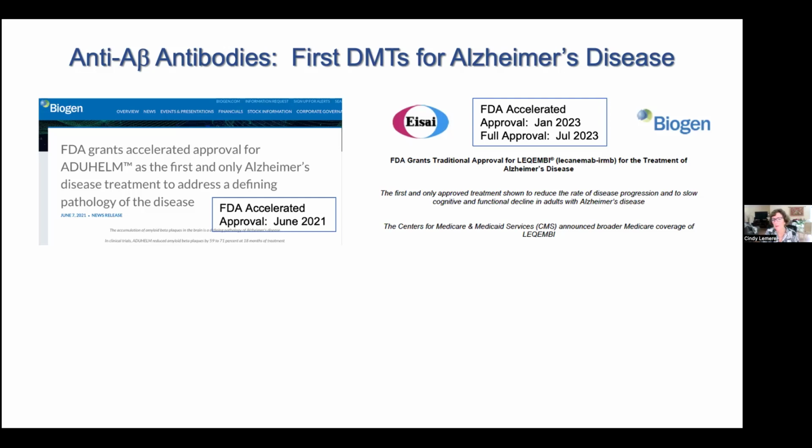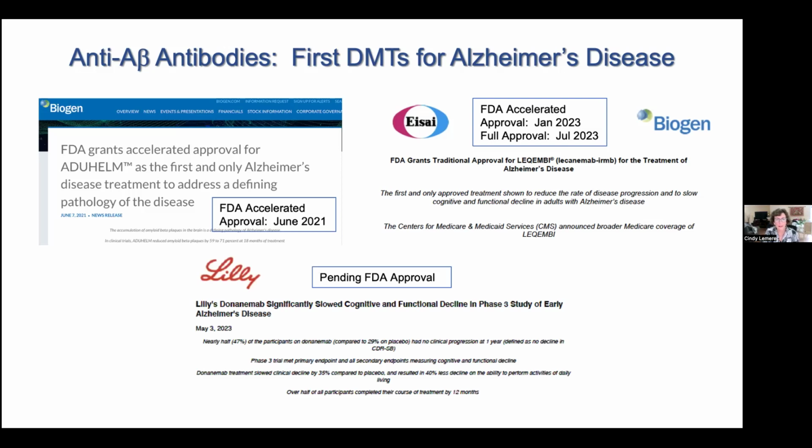And this antibody recognizes protofibrillar forms of beta amyloid. And it requires dosing every other week, whereas Aduhelm is every month. This one is every 2 weeks. But it seems to have very strong benefit and seems to be a little bit safer. And I'll get more into that later. It received full FDA approval in July of 2023 and is actually rolling out in the clinics now.